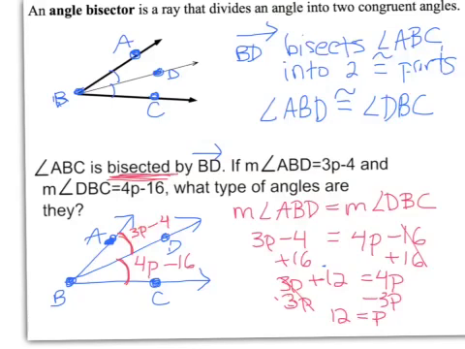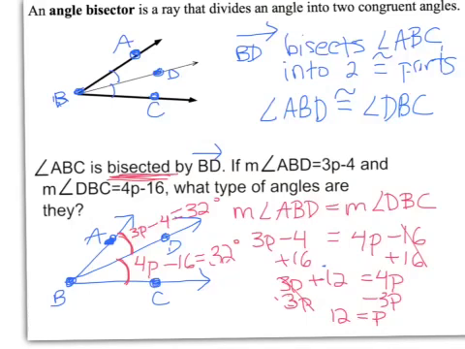Minus 4 is going to give us 32 degrees. And 4 times 12 is 48. Minus 16 is again going to give us 32 degrees. So you can see that the two angles are congruent, which they should be.